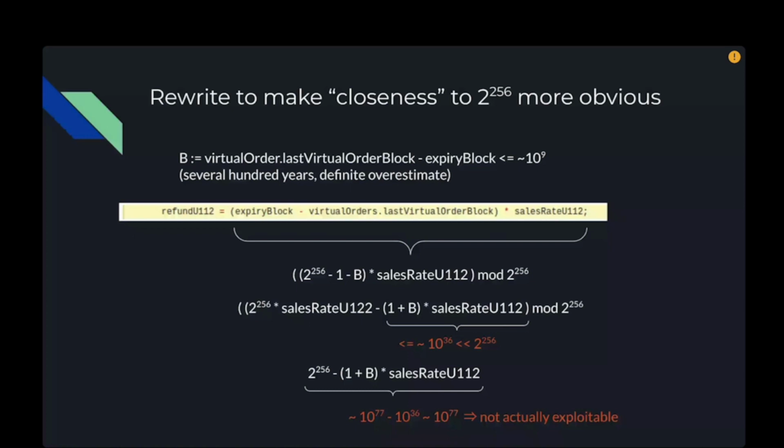although it's interesting to mention that it's sort of like one step away from being potentially exploitable, because if you could, say, manipulate something like that sales rate number to have a much larger value, you might be able to make that multiplication wrap around enough times to get a small refund, and you could actually get value out. So, because we didn't find any way to manipulate these other values in the expression, it was basically low risk.